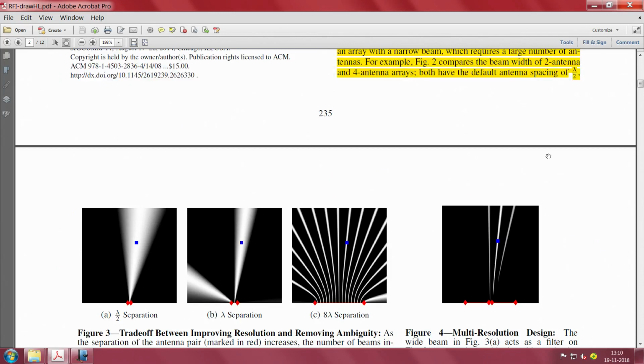Now we spoke about this receive antenna separation, A, which is essentially the receiver antenna separation. The question is, how should you set this A? There is a full paper of theory on how this should be set.